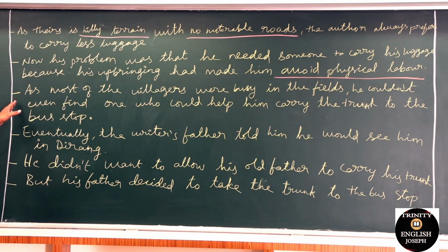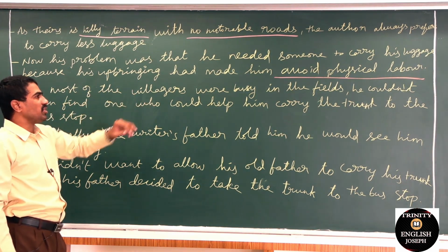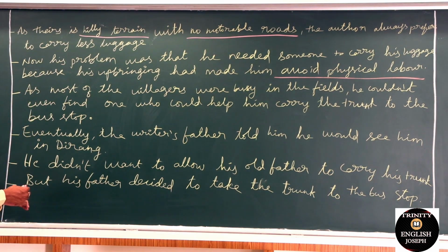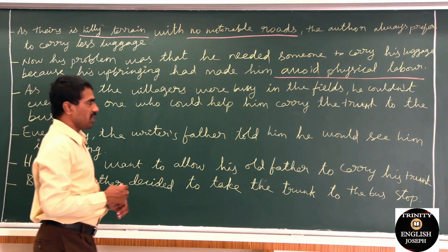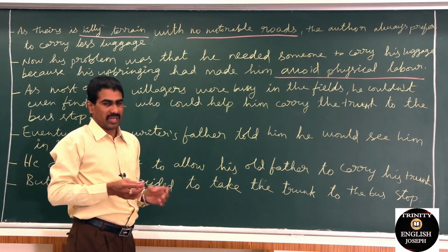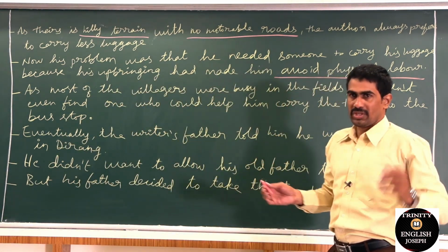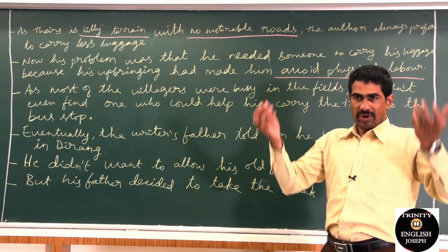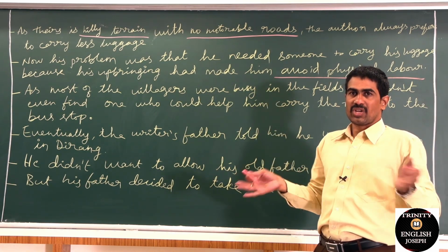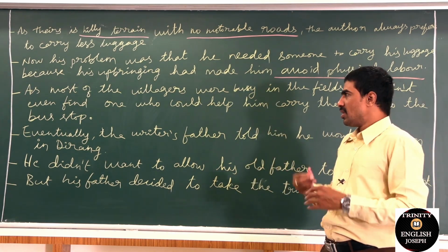And as most of the villagers were busy in the fields, he couldn't even find one who could help him carry the trunk to the bus stop. Around June, July and so on, in the villages it is all rainy season, monsoon season, where they start cultivating so many things.